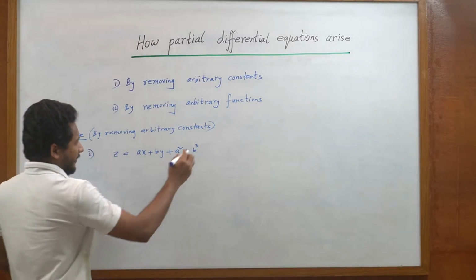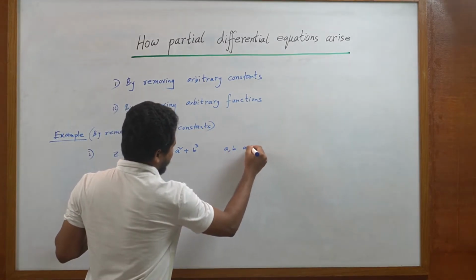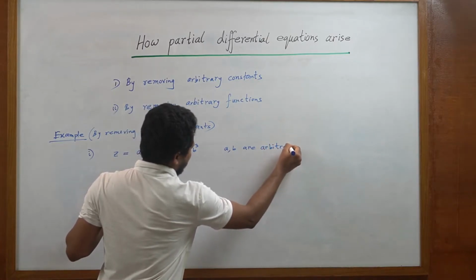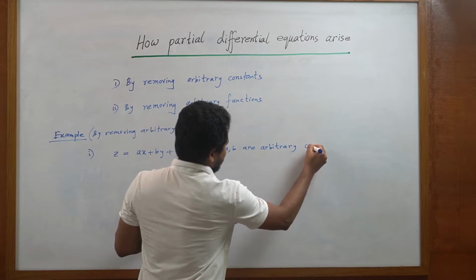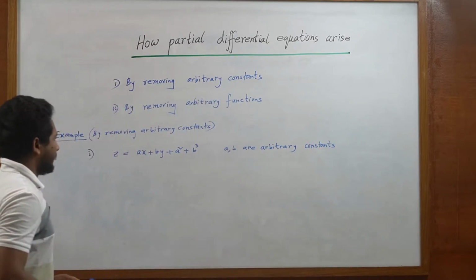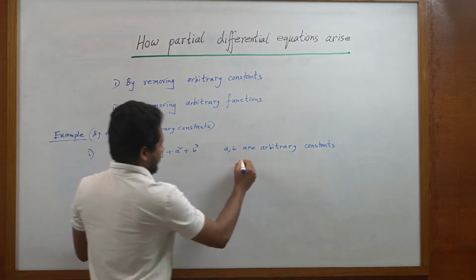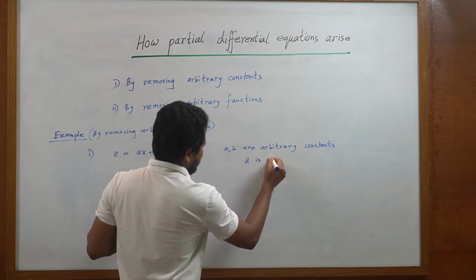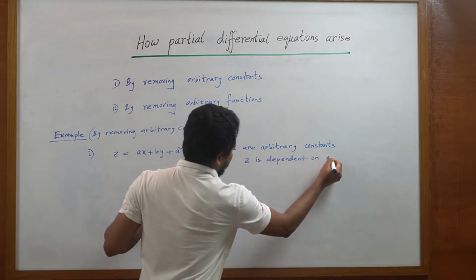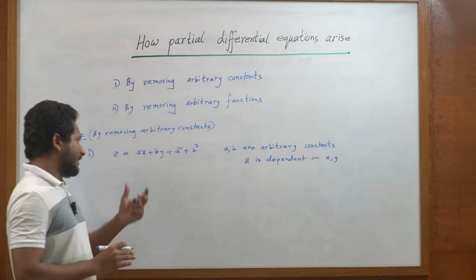Here a and b are arbitrary constants, and z is the dependent variable. z is dependent on x and y, and x and y are independent variables.